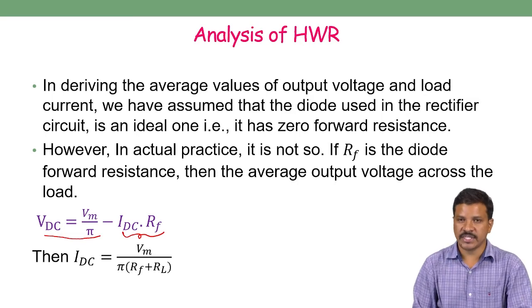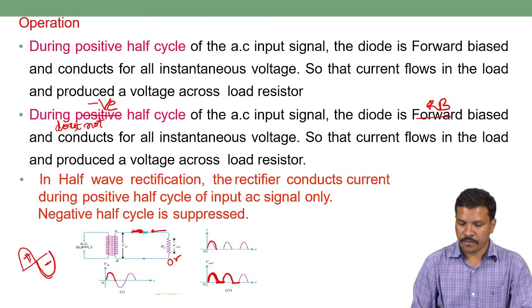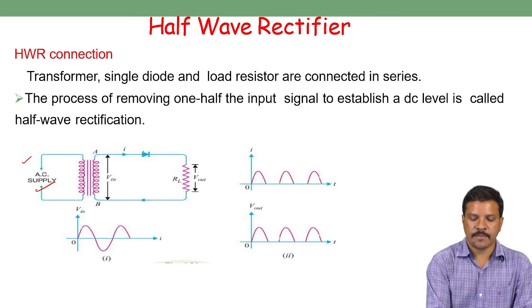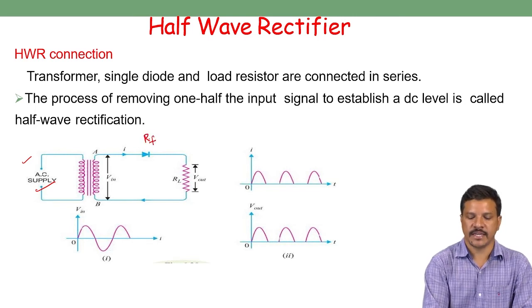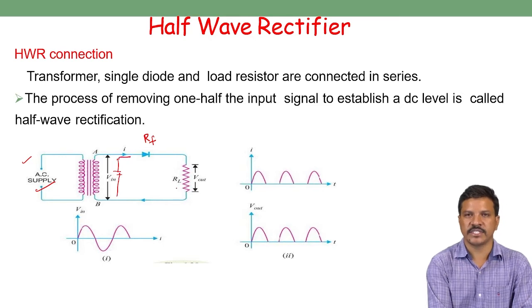So when we see this figure, for example, it is a practical diode. It has RF, the forward resistance, and RL. There is an AC power supply connected in series with the two resistors.